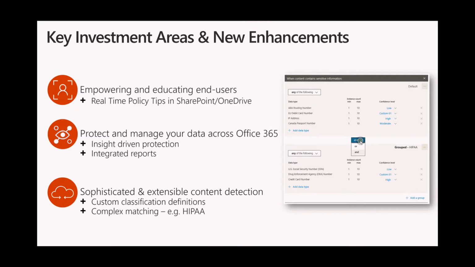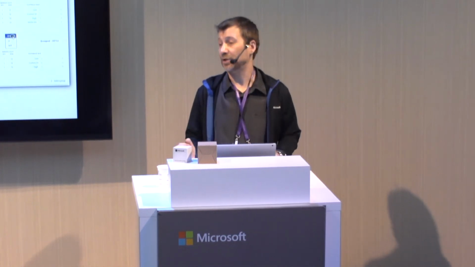HIPAA is a very good example of a type of regulation that doesn't have a well-defined content that you want to protect. It's not like a credit card number that's 4x4 digits with a checksum. It's medical records. It's some terminology with some PII data and some heuristics of some different kinds of information. So we're investing in our engine so that you have the flexibility to really group those different types of sensitive information together so that it will meet your more complex matching requirements.